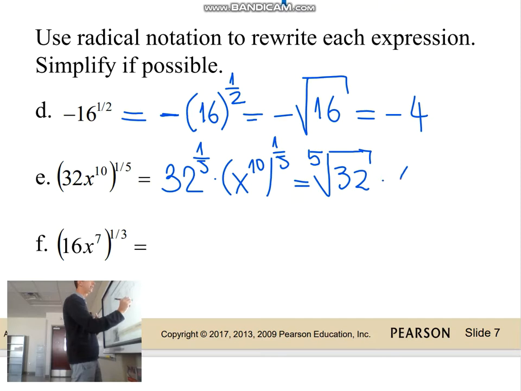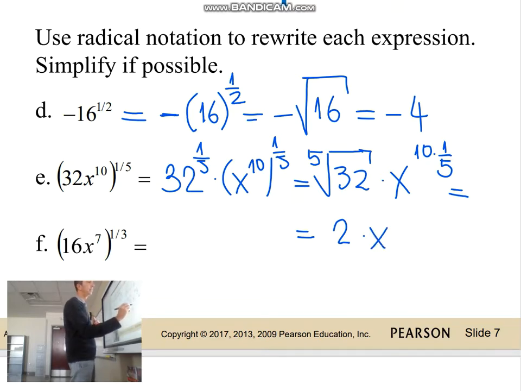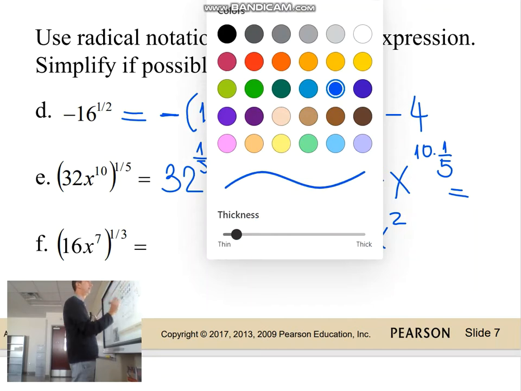And x exponent 10, we can write x exponent 10 times 1 over 5. And this is equal to, let me write here at the bottom, the fifth root of 32 is 2, right? And the exponent 10 times 1 over 5 is 10 times 1, 10, divided by 5, 2, so x squared.